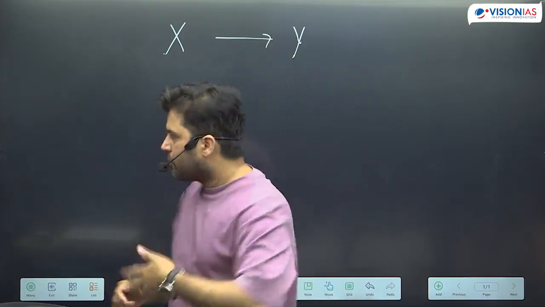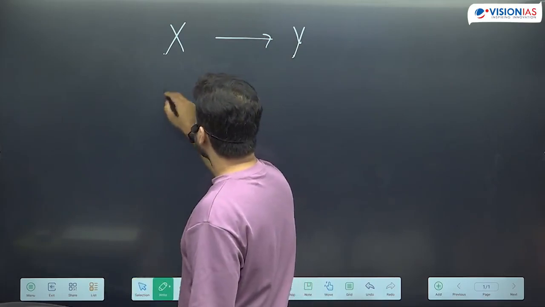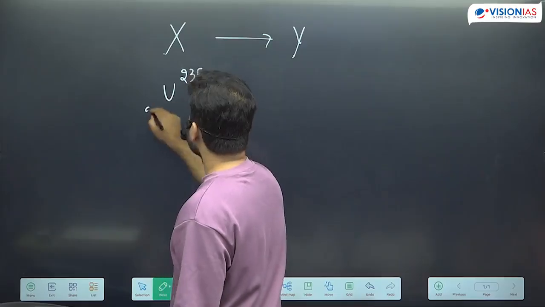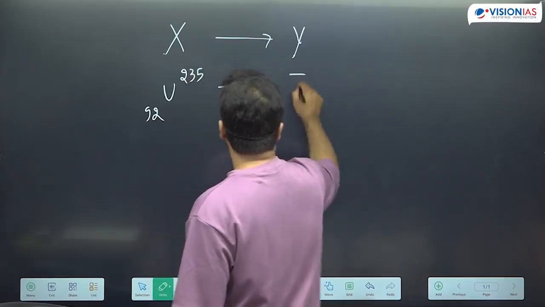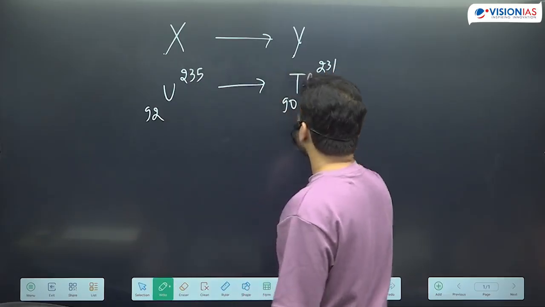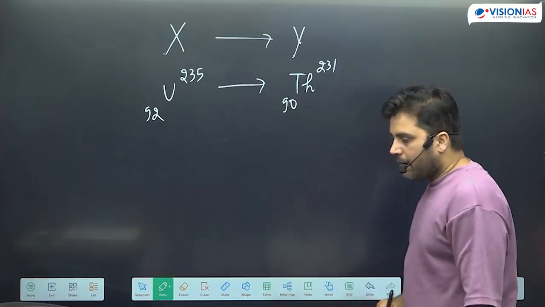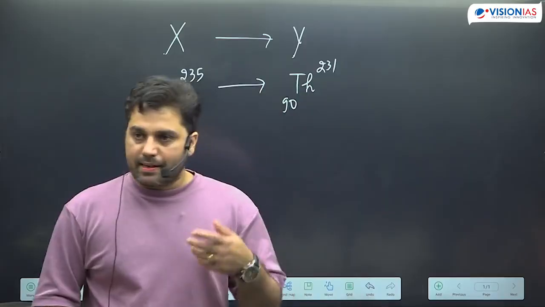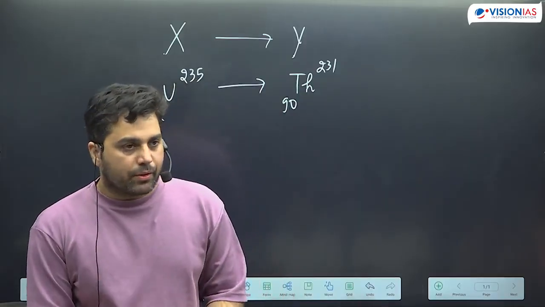To be more precise, let's say I have uranium 235, 92, and it is converting into thorium 231, 90. I have some sample of uranium 235, which is disintegrating, it is decaying into thorium.